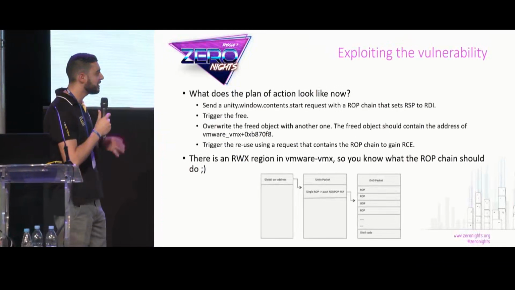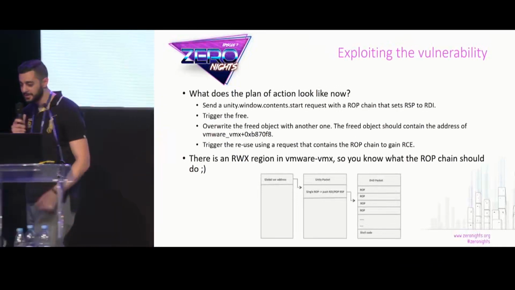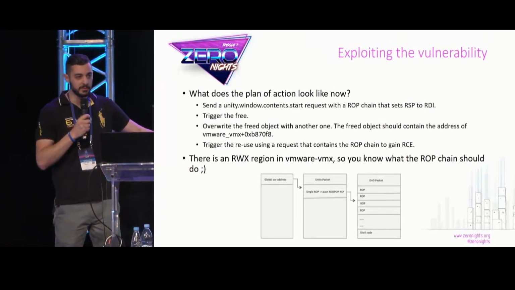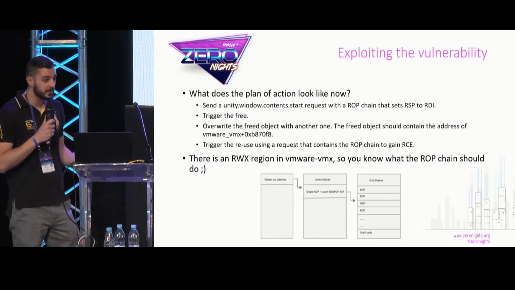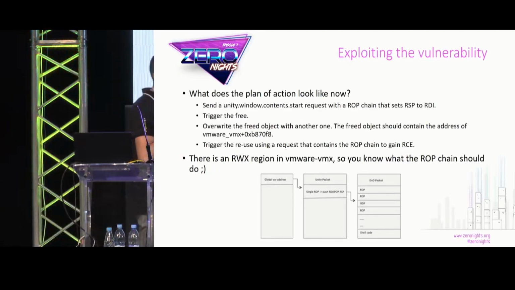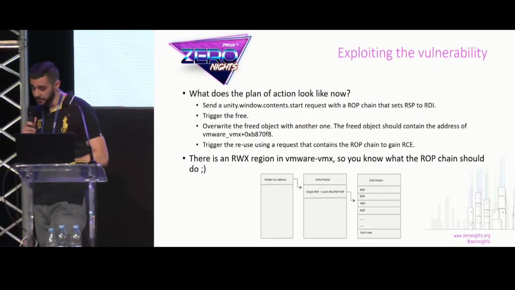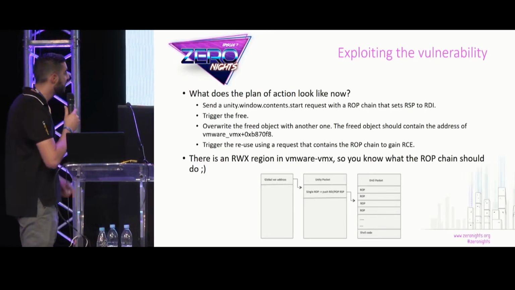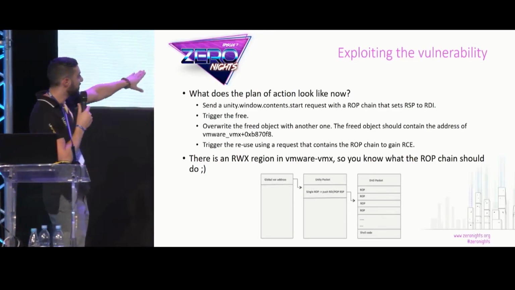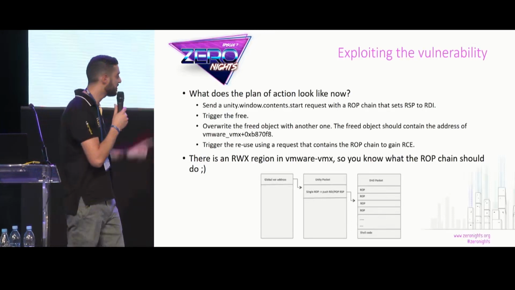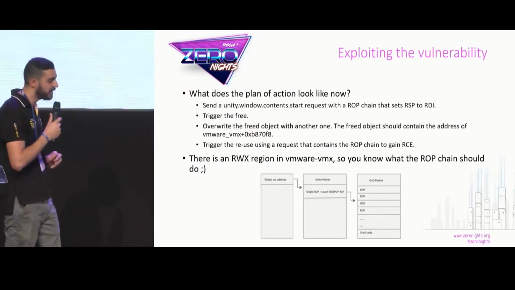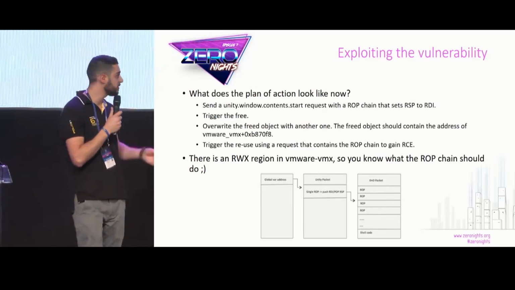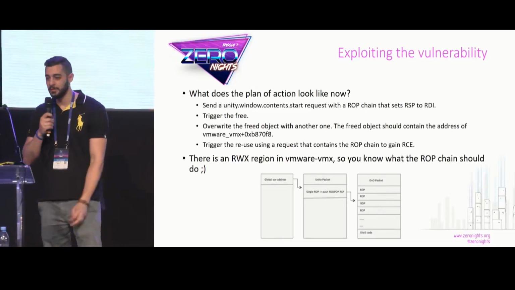All right, so what does it actually look like? Basically, what we have to do is first send a Unity request so that our first ROP chain is stored in a global variable. Then we trigger the free, then we override that object with our arbitrary object, and then trigger the use. So you set your payload in the global variable, which points to a single ROP chain that exchanges RDI with RSP, and then trigger the reuse, and have it execute the ROP chain.